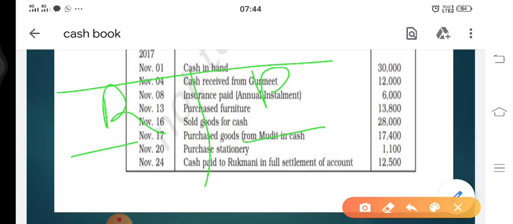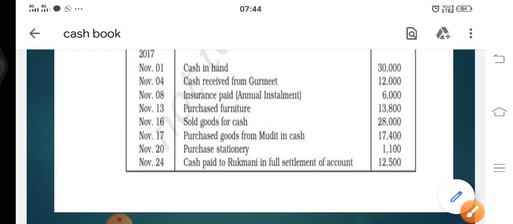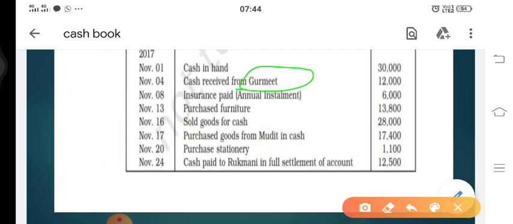So receipts are recorded on the debit side and payments on the credit side, but with the name of the opposite party, like cash got debited, so on the debit side we write Gurmeet. This is how the ledger account for cash is prepared, and in the same way the cash book also needs to be prepared.